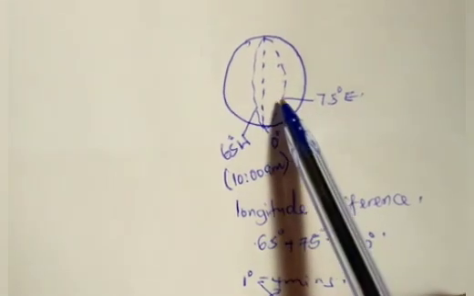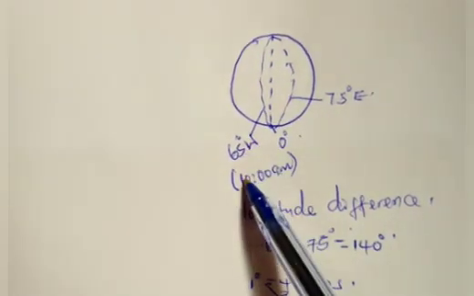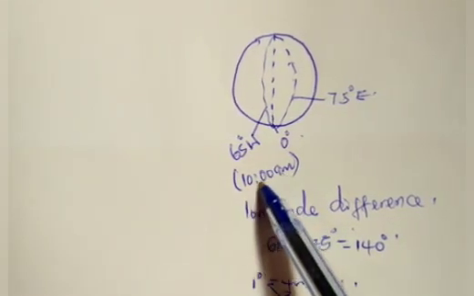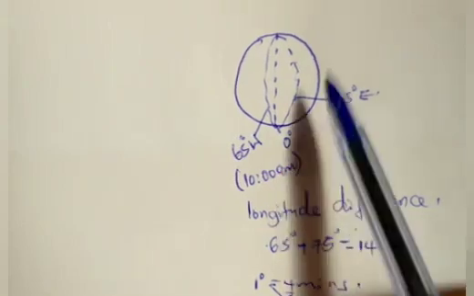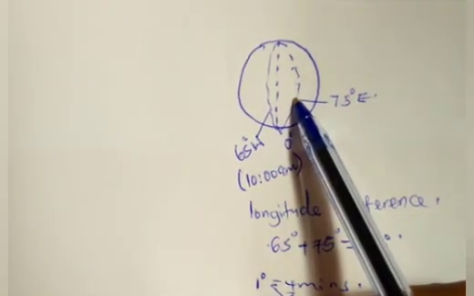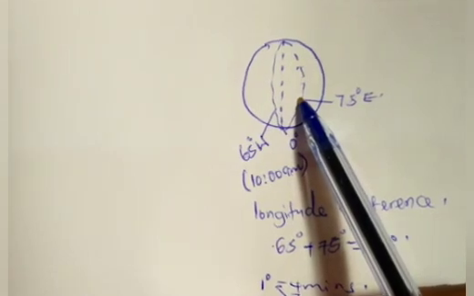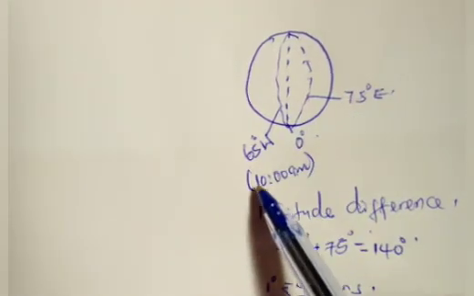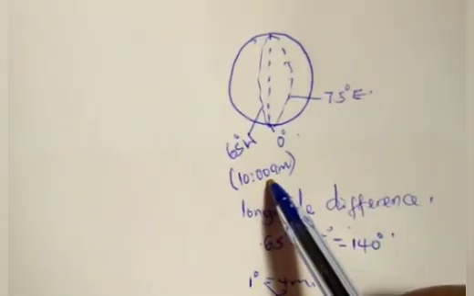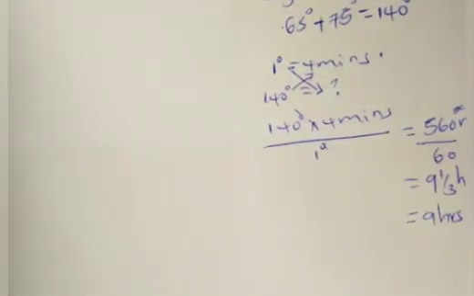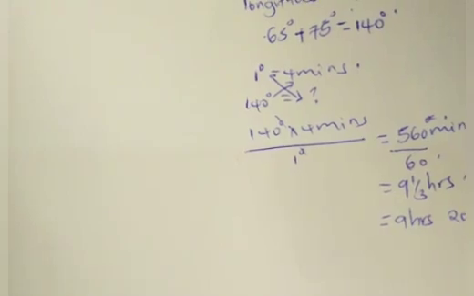The sun reached this point before this point. So if it's 10 a.m. already at this point, it means that 10 a.m. at this point was reached 9 hours 20 minutes ago. So we are supposed to take 10 a.m. plus 9 hours 20 minutes so that we can know the time at the longitude 75 degrees east.